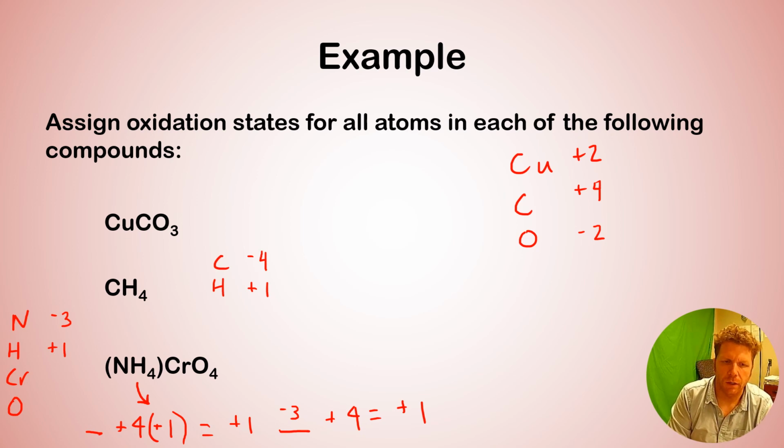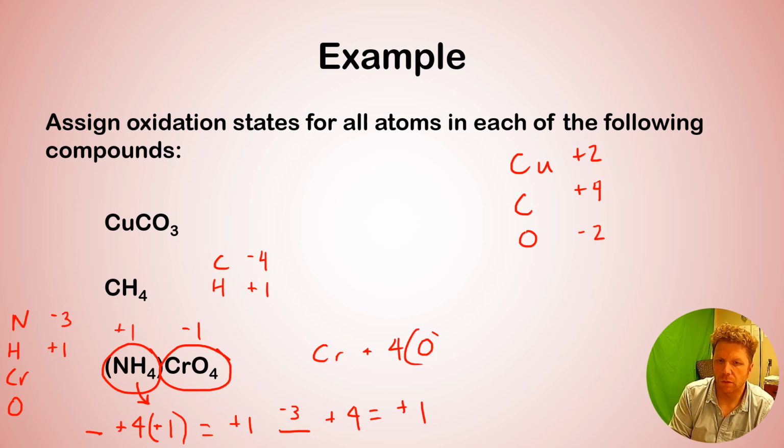Now Cr and O, okay, so, well, what I know about this is it is +1. Therefore, this is -1. So Cr plus 4 times oxygen's charge, which is not 0. That was just my symbol for oxygen. 4 times what?